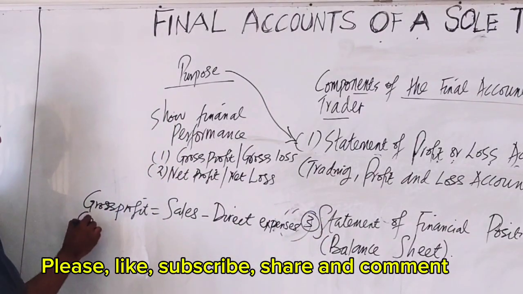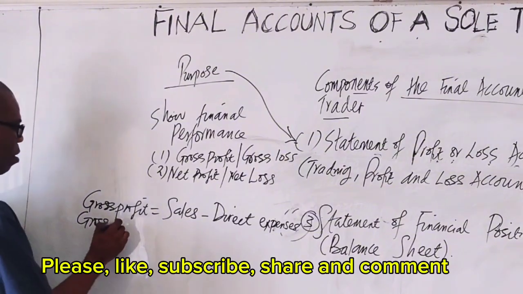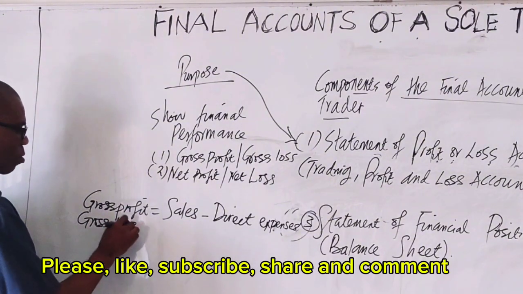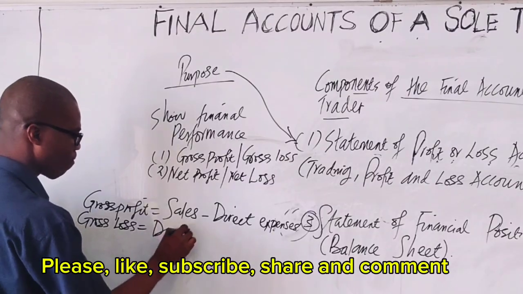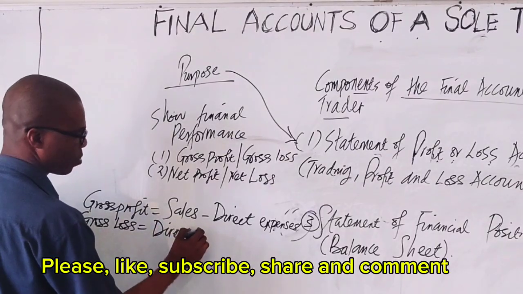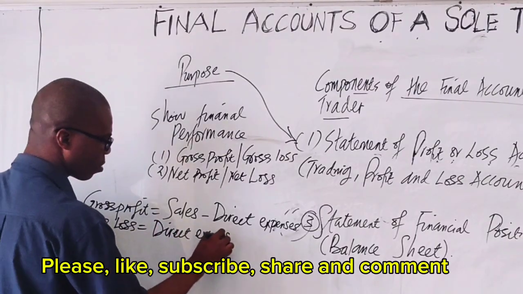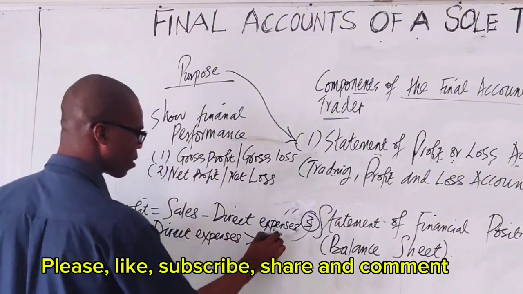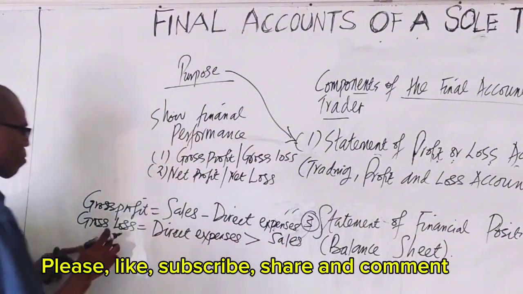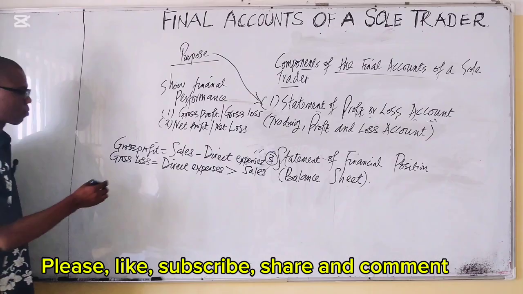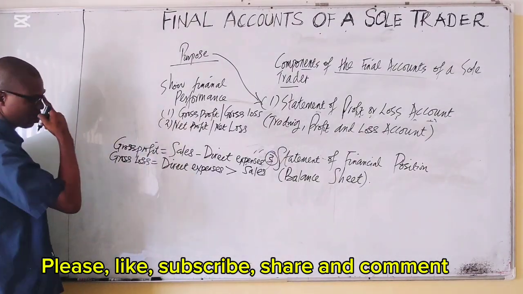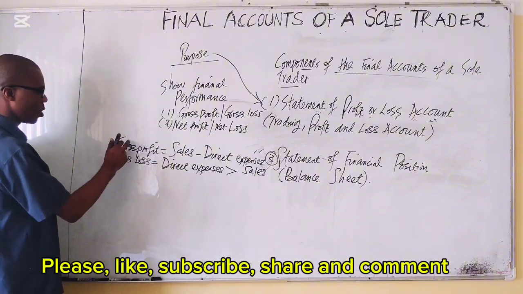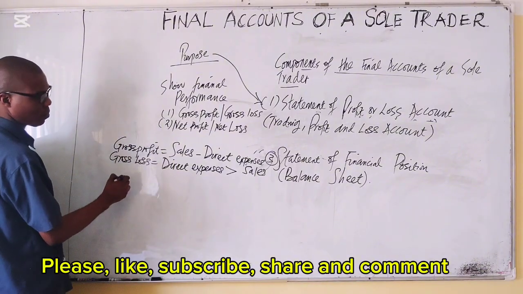Then for gross loss, if direct expenses is bigger than sales, there you have what? Gross loss. As I told you, do not bother yourself too much, because we are going to see this in detail when we start with the format. I'm just explaining it in passing.